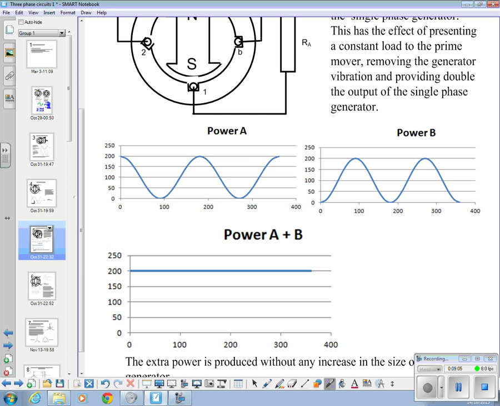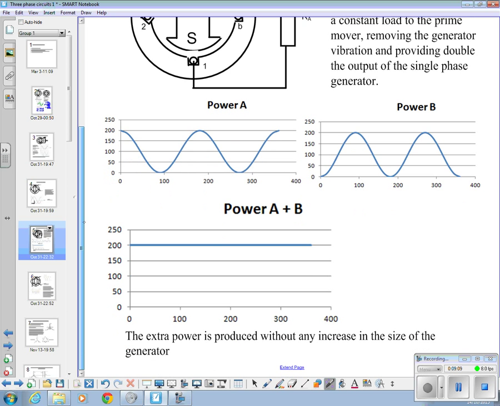So simply by adding a second coil 90 degrees out of phase, we get more power out of the system without any increase in the size of the generator. Also, you're no longer presenting a pulsating load to the prime mover. So this inducing of vibrations in the prime mover is gone.